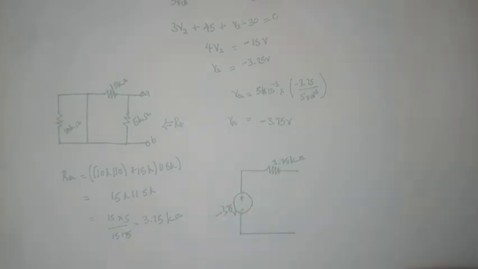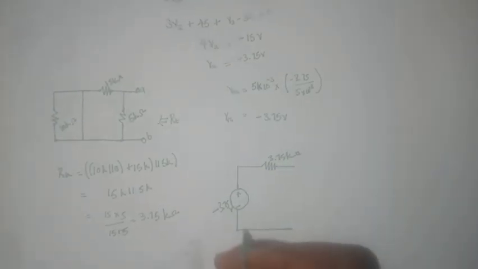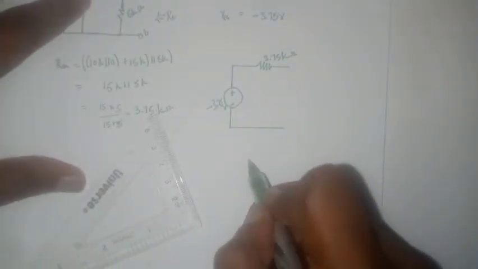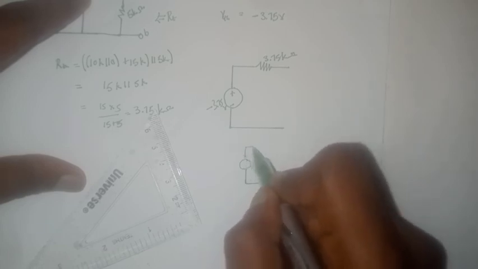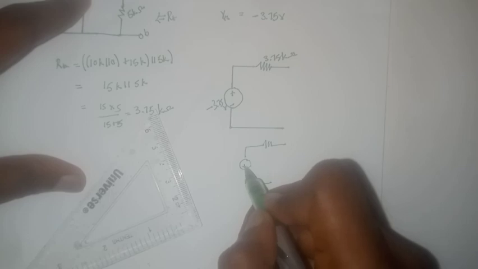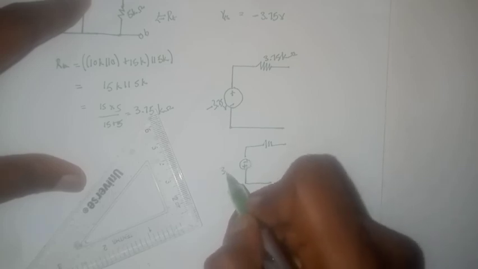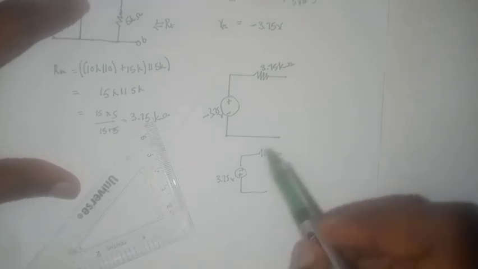We can redraw this and change over the direction of the polarity. With that, we would have the circuit look more like this. We have the plus here and the minus here, then we can say 3.75 volts. We're just changing the direction of the flow of current.